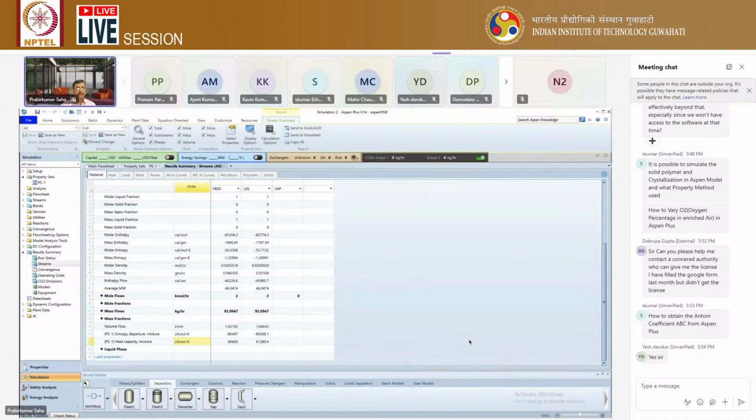S. Kumar is asking whether it is possible to simulate solid polymer and crystallization in Aspen Plus, what property method is used, and how to vary the oxygen percentage in enriched air in Aspen Plus. S. Kumar, I believe you are from industry because you are asking very particular questions. You can come one-to-one with me and I can clear your doubts.